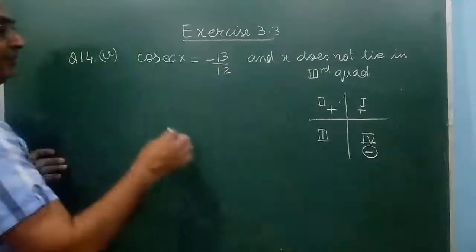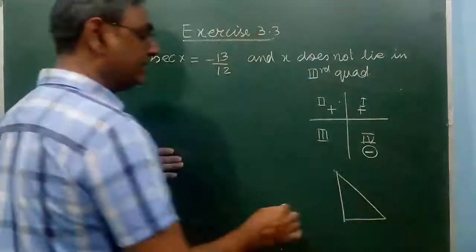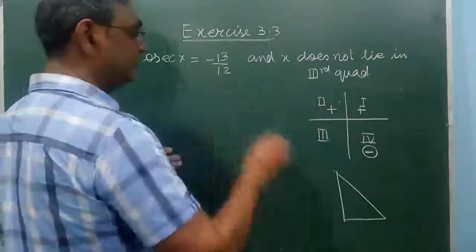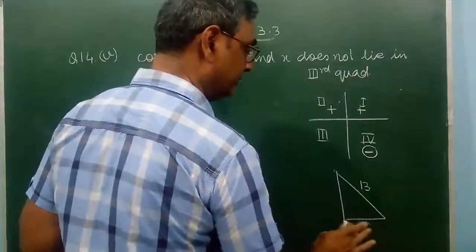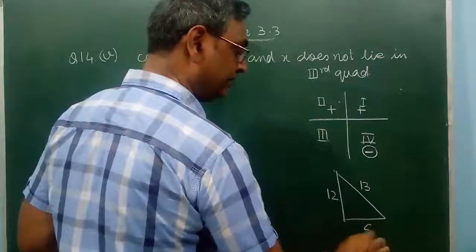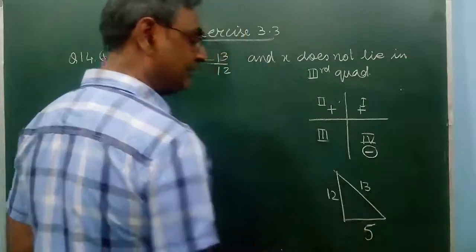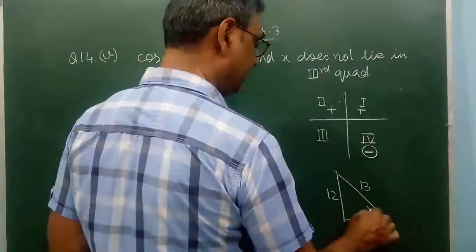So here we can make one triangle. Cosec is hypotenuse upon perpendicular. By the Pythagoras theorem we can find the third side, that is 5. This is x and this is 90.